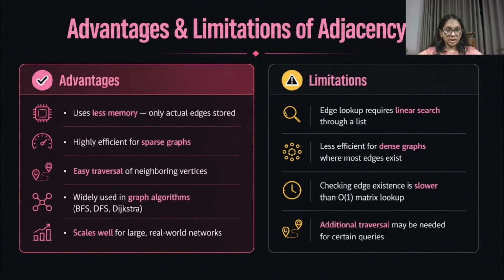The limitations are finding a specific edge may require searching through a list, and dense graphs can reduce efficiency. Each lookup is slower compared to adjacency matrices. Some operations may require additional traversal. Every representation has trade-offs. The key is choosing the right representation for the problem you are trying to solve.